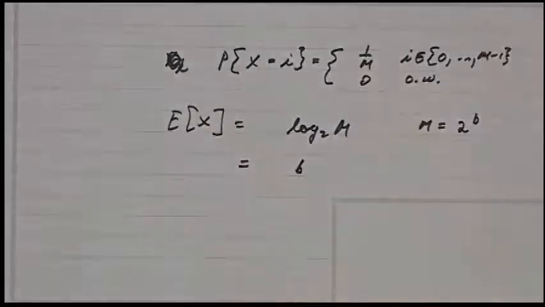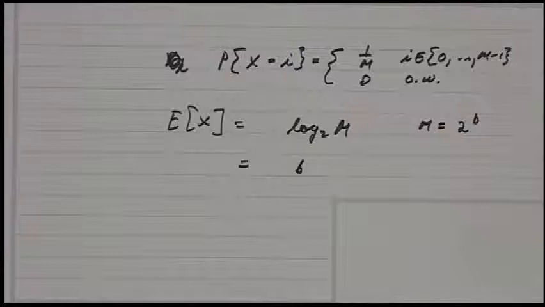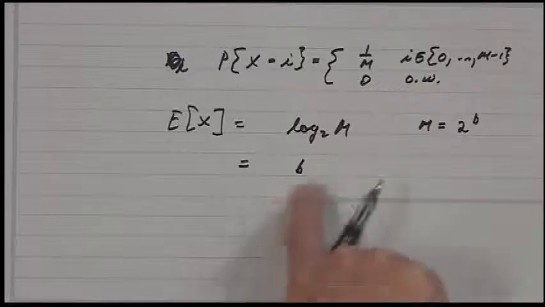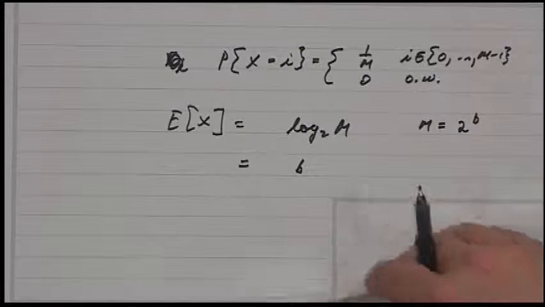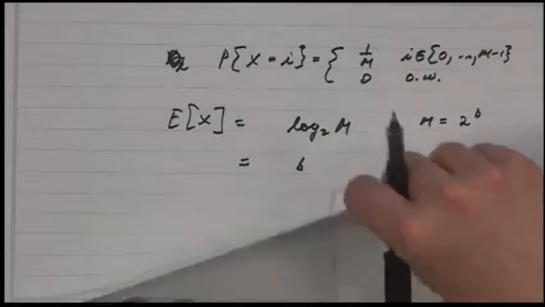It's the number of bits it takes to represent the random variable's values. If they're not uniformly distributed, if they're more concentrated, then the entropy would go down. Any questions about this?